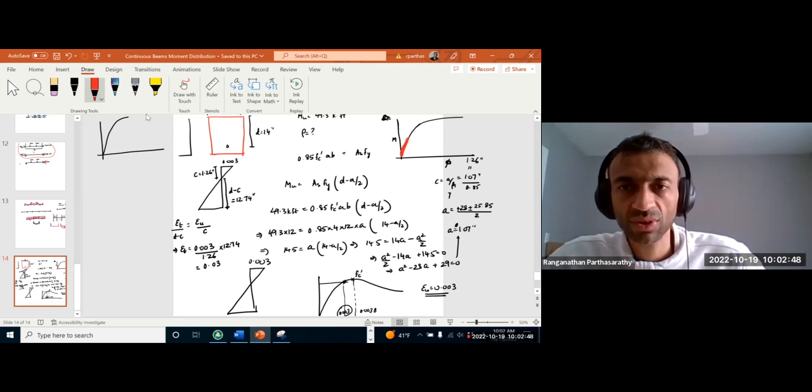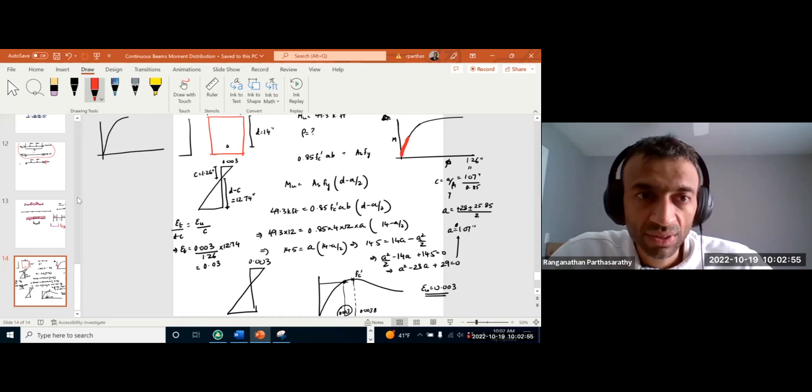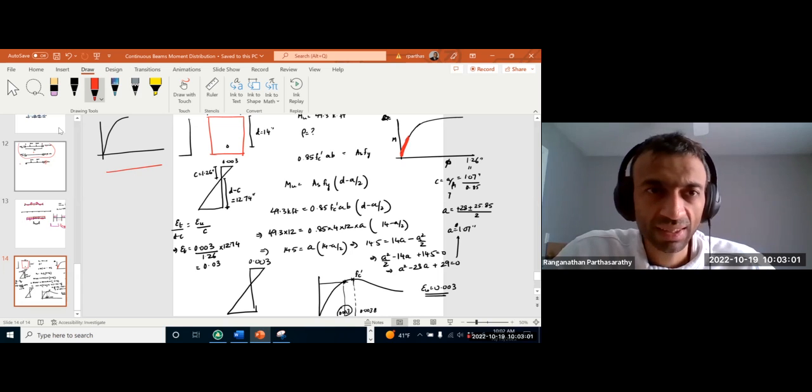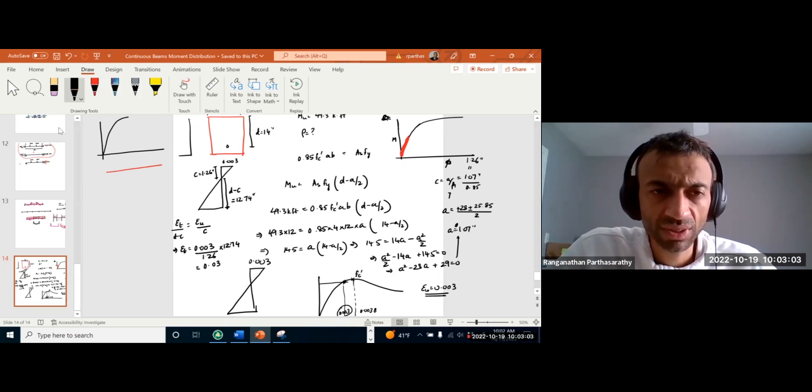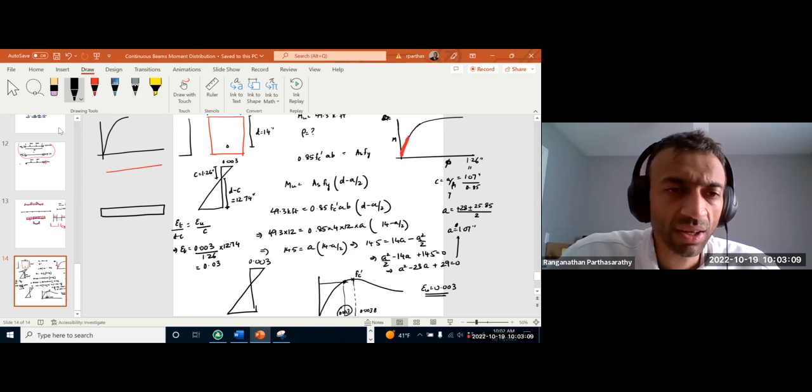Even in that region, it is already nonlinear. Okay, I think I know where the confusion is coming from. For serviceability calculation, where is the nonlinearity coming from?